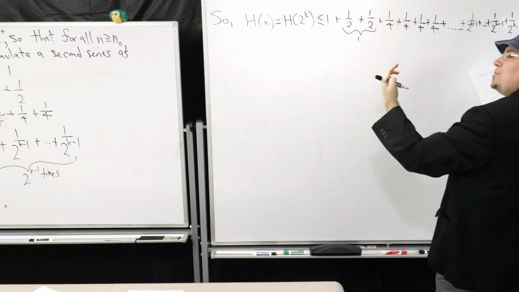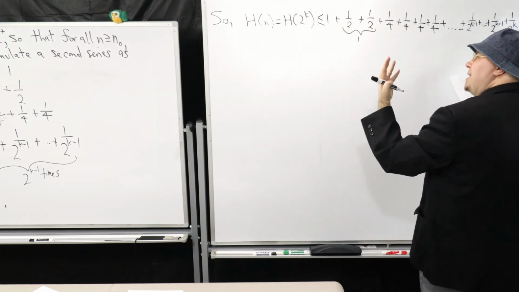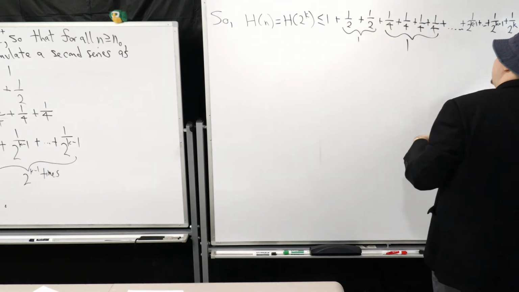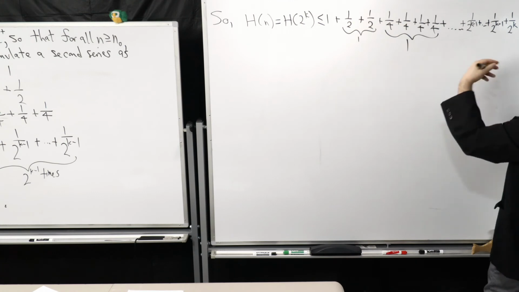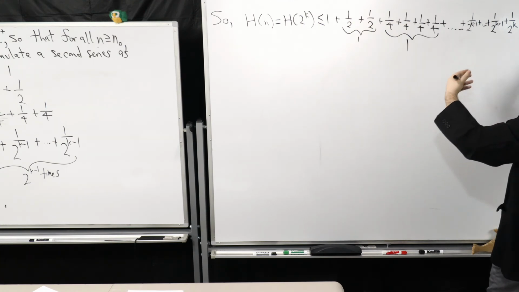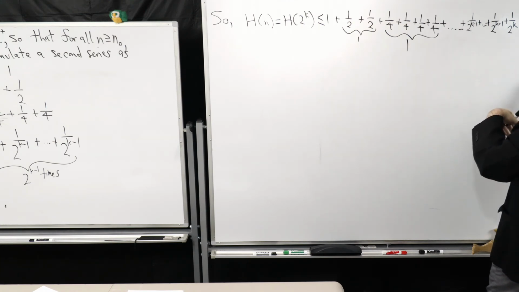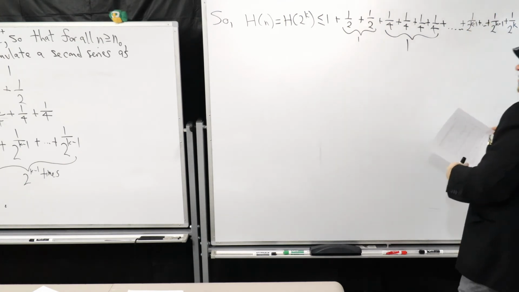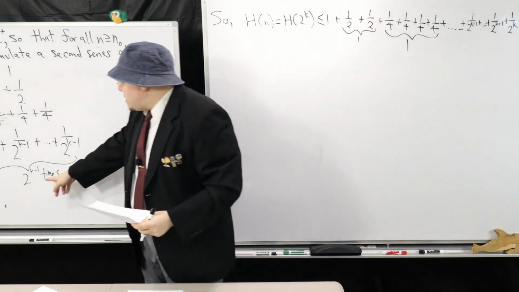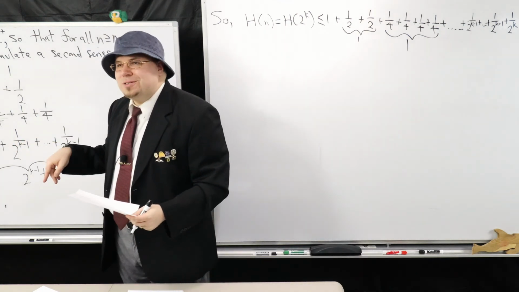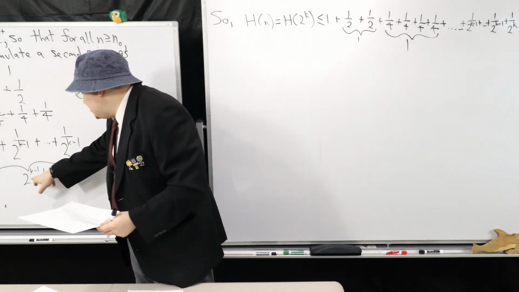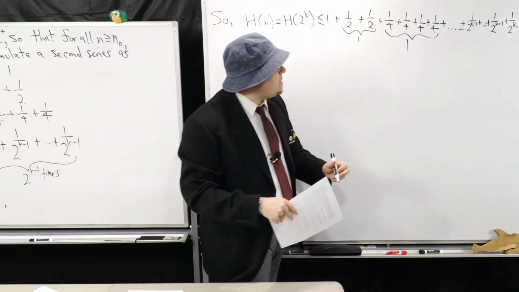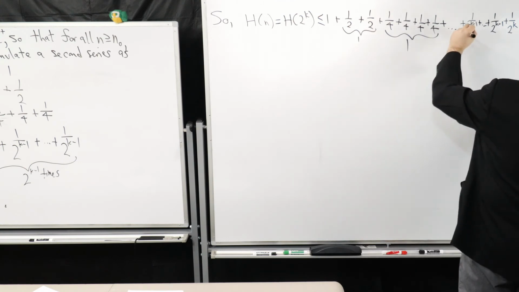Same thing, if I had 4 quarters, that should make 1 pie, right? Same thing here, if I have 2 to the power k minus 1, and I write that out 2 to the power k minus 1 times, each one of these is a reciprocal, so it's 1 over that. In fact, you can see it over here. What would be 2 to the power k minus 1 times 1 over 2 to the power k minus 1? That's just equal to 1 if you know your algebra.